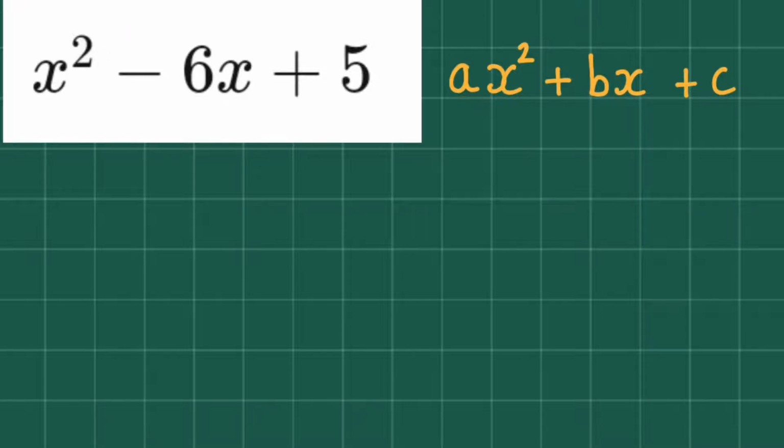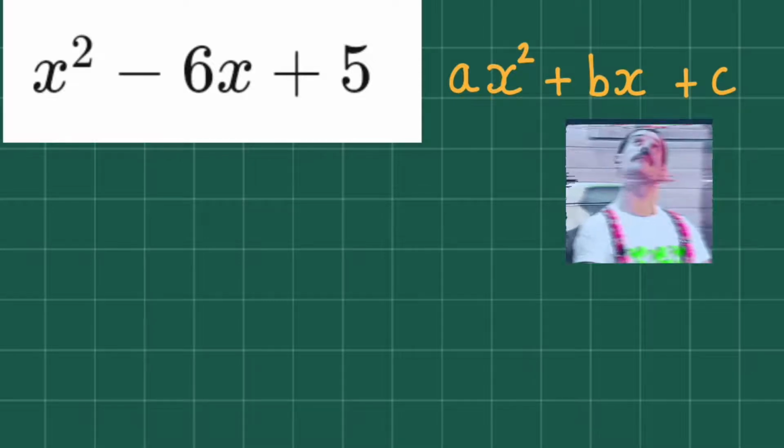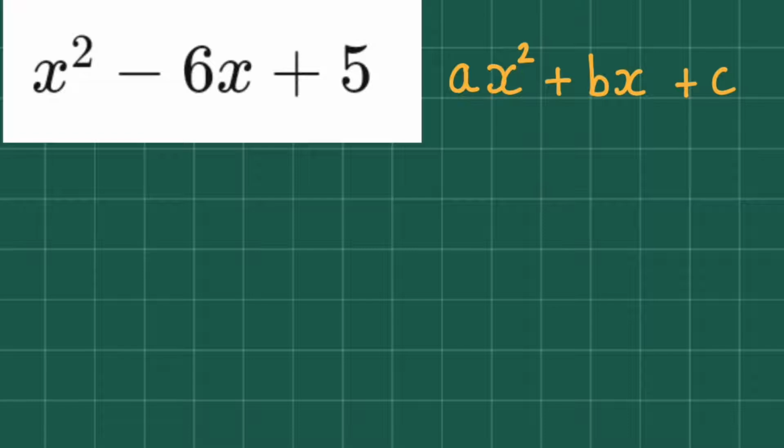The general form for a quadratic is on the right, ax squared plus bx plus c, where a, b and c are all the different constants, and that could take any value. It could be a fraction, decimal, it could be an integer, and later on any number at all really.